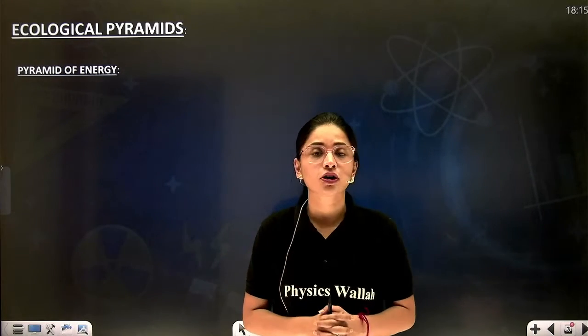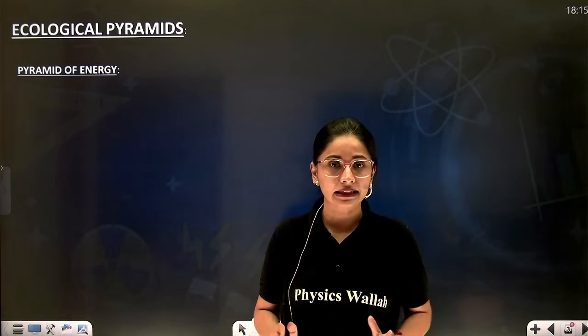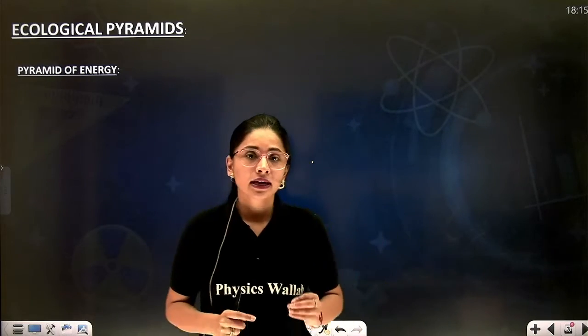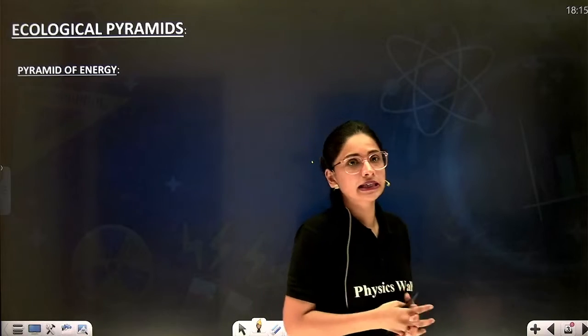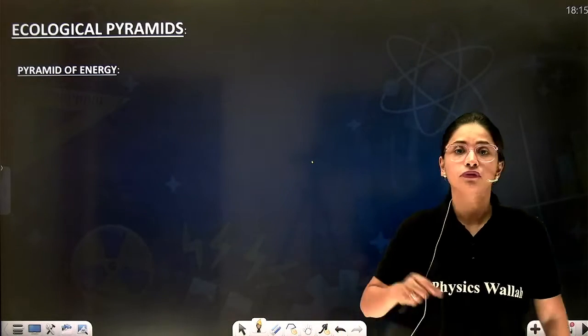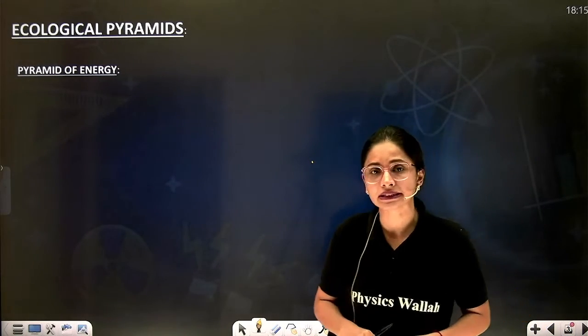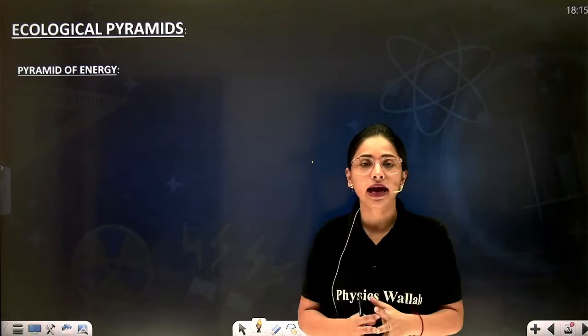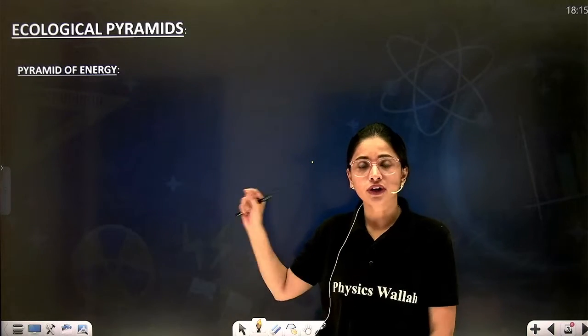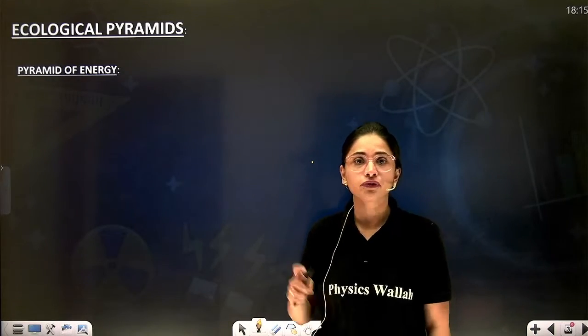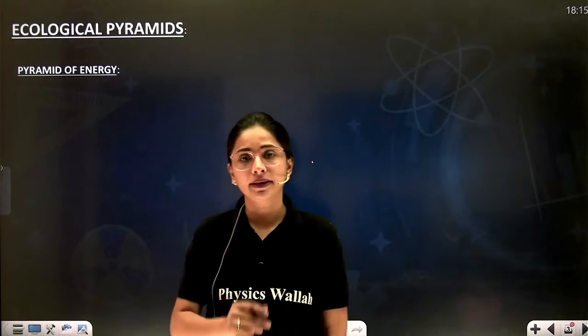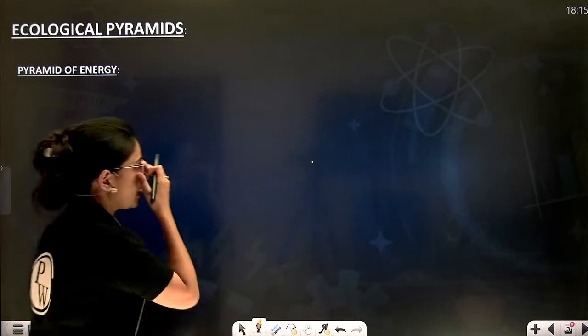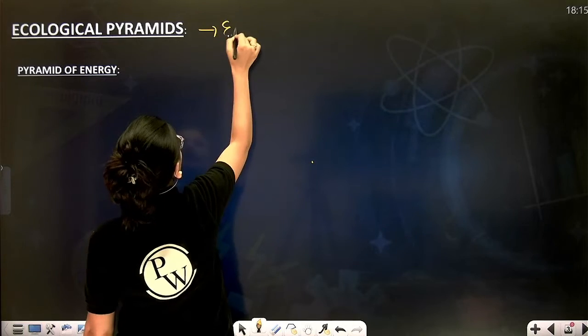Ecological pyramid, the concept was given by scientist Elton, which explains basically the graphical representation of different ecological parameters like number, energy and biomass. So first we'll start with the ecological pyramid of energy. So let's write it. Concept was given by Elton.